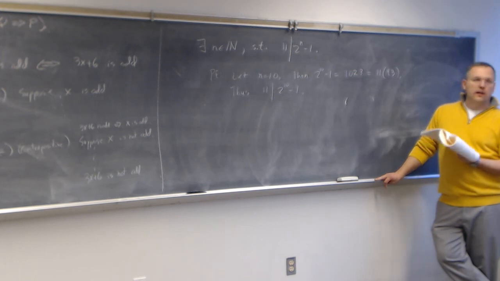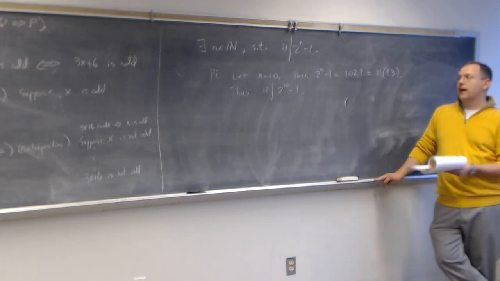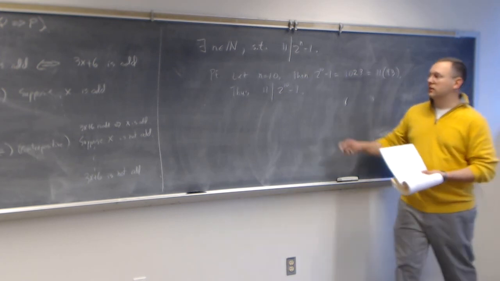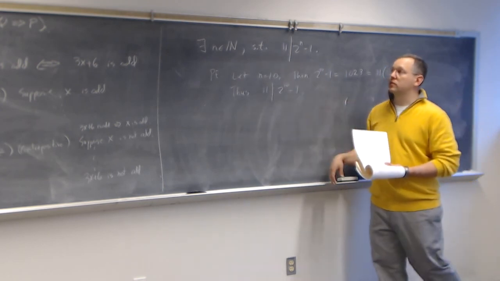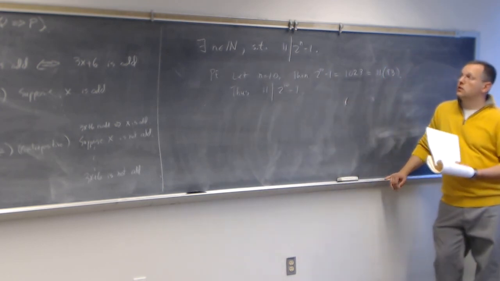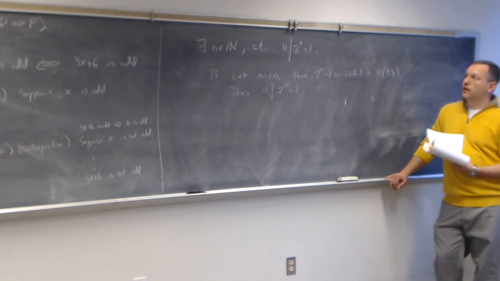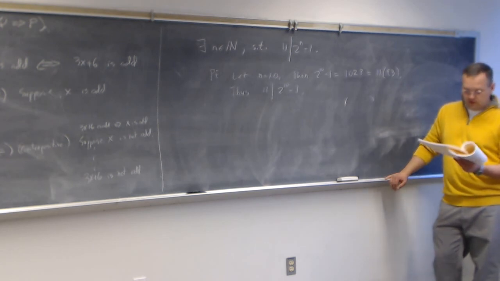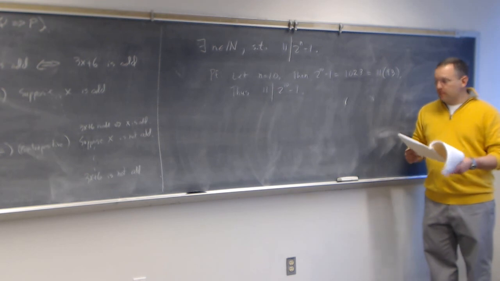It's kind of like a counterexample, right? But this isn't a counterexample because it doesn't disprove the statement. It's an example that shows the statement is true. There does exist a natural number n such that 11 divides 2^n minus 1.